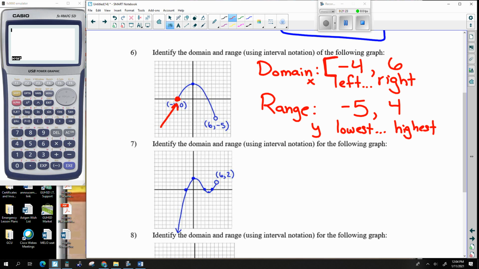Go to the right. The right is 6, that dot right there. Does it actually get to that dot? No, because it's an open one. So that would be a round bracket. It goes from -4 to 6. It will include -4, but it does not technically include 6.